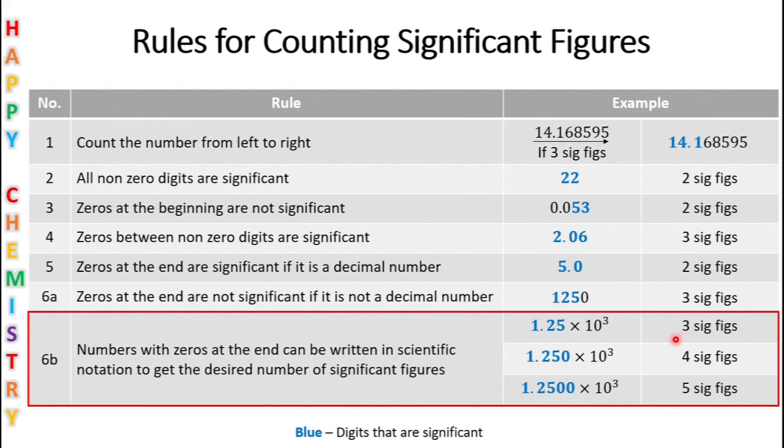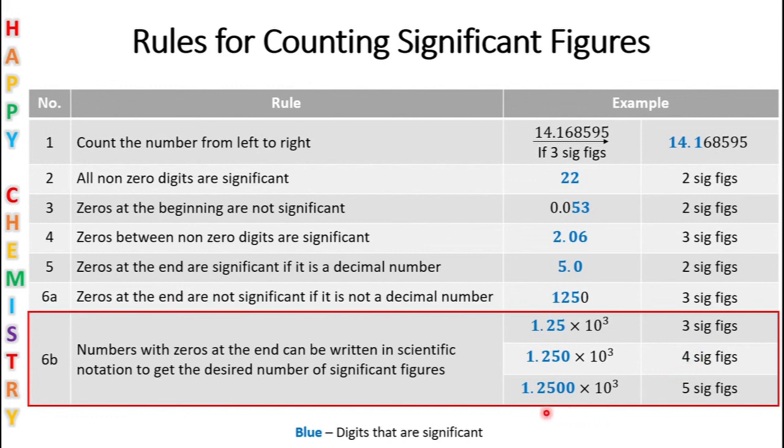If we write the same number as 1.250 times 10 to the power 3, it is now a decimal number and the end 0 becomes significant. Start counting from the left. 1, 2, 3, 4. 4 significant figures.